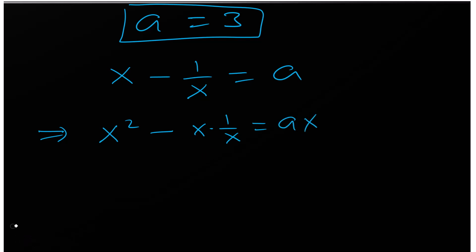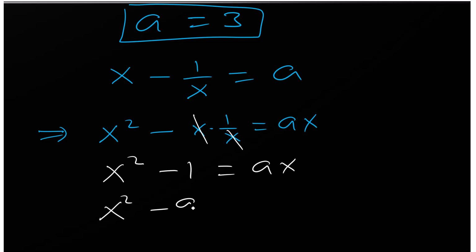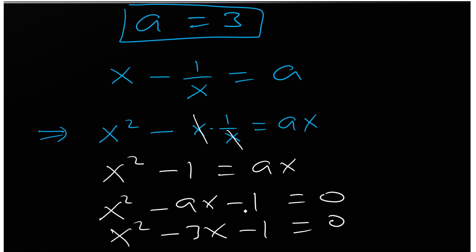Now let's be very careful. This one will cancel this. x squared minus 1 equals ax. So that will be x squared minus ax minus 1 equals 0. But a is 3, so x squared minus 3x minus 1 equals 0.